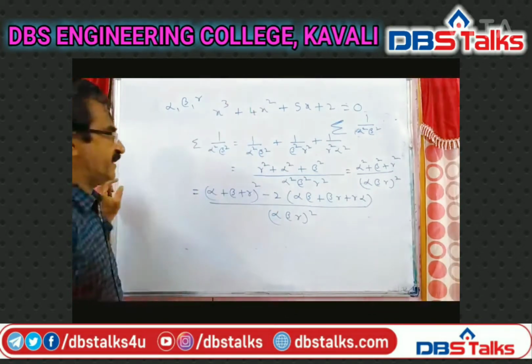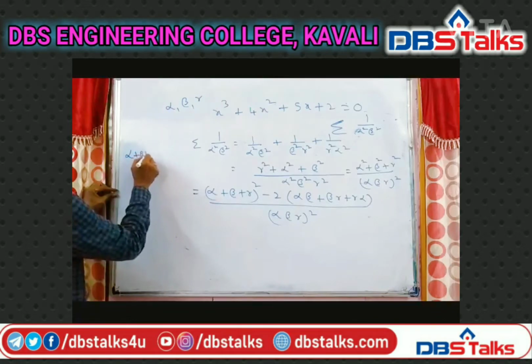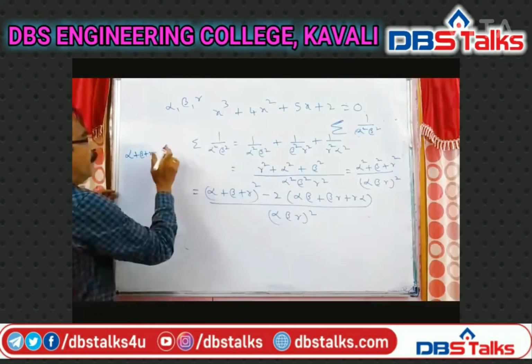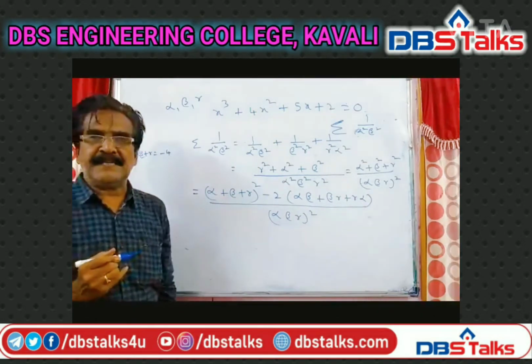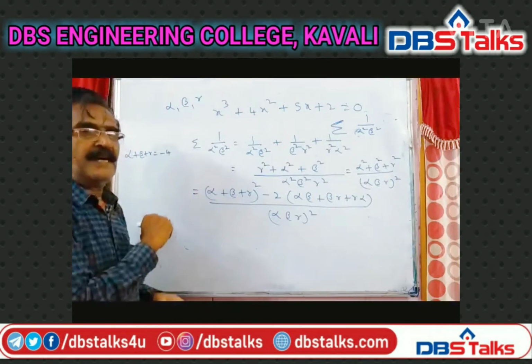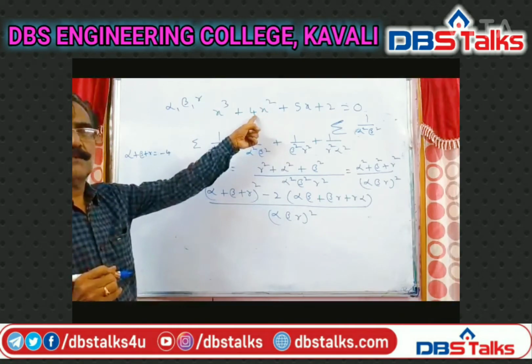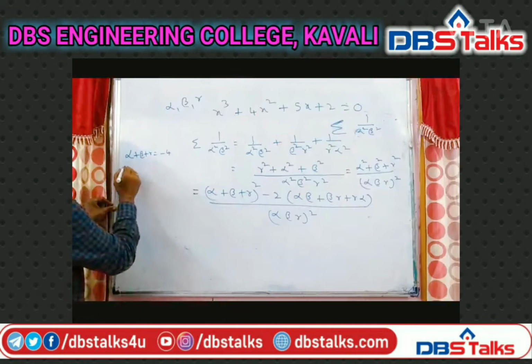Now from this equation ax cube plus bx square plus cx plus d, the sum of the roots alpha plus beta plus gamma is minus b by a, which is minus 4.